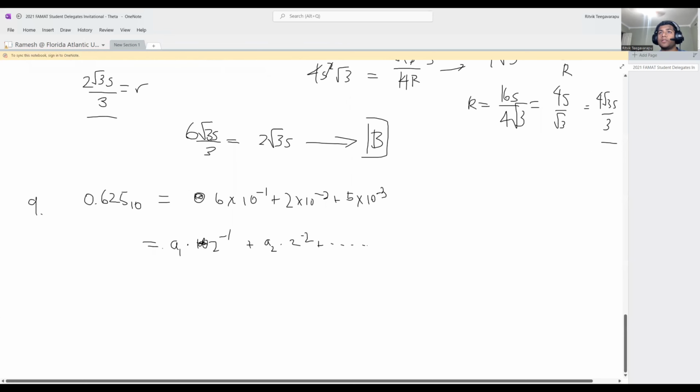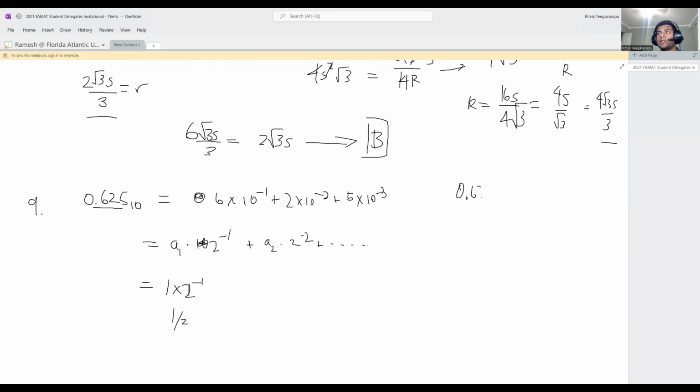So clearly here, let's start deducting what we need. This is greater than 1/2, so we're going to have 1 times 2 to the negative 1. That's going to give us 1/2. We're now left with 0.625 minus 0.5, which gives us 0.125. Clearly, this is less than a fourth, so we're not going to have any bit representing 2 to the negative 2.